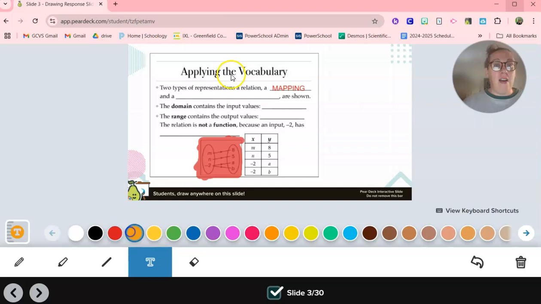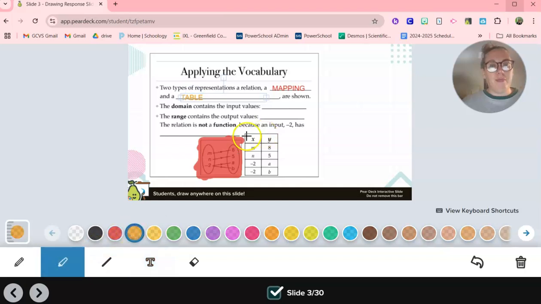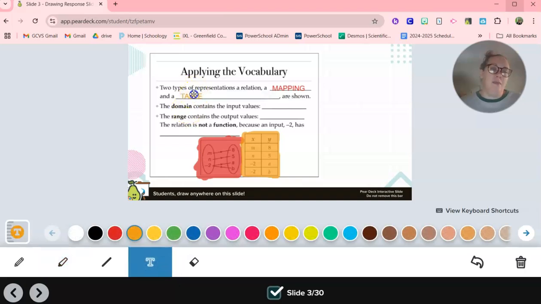And then next to that is a table. Okay, so these are 2 types of ways that we can show what a relation or a function is, using a map or using a table.